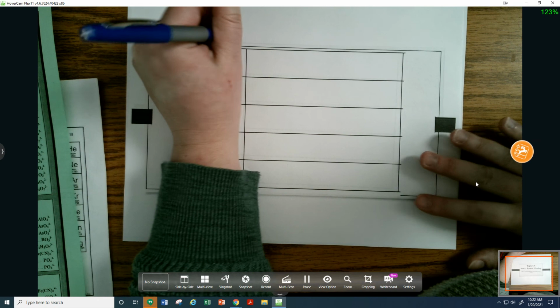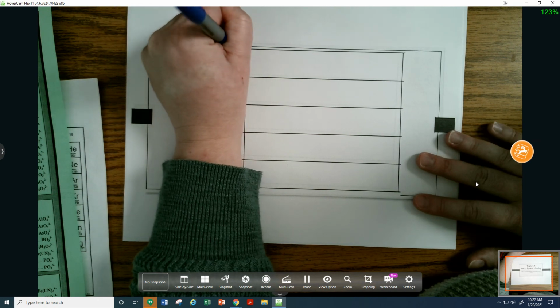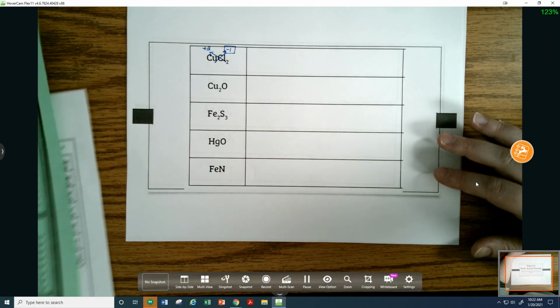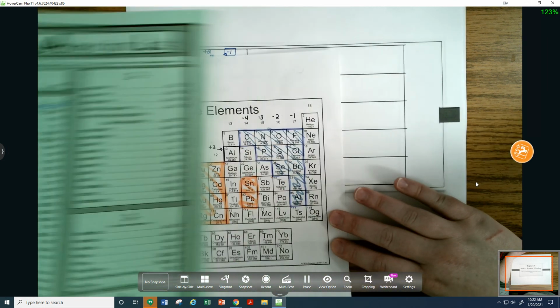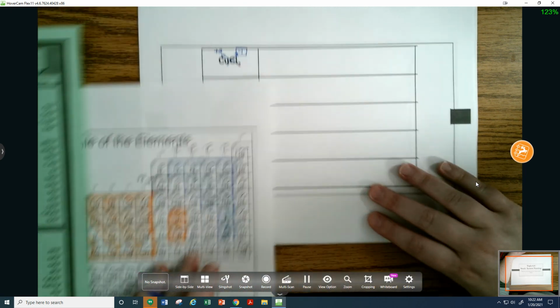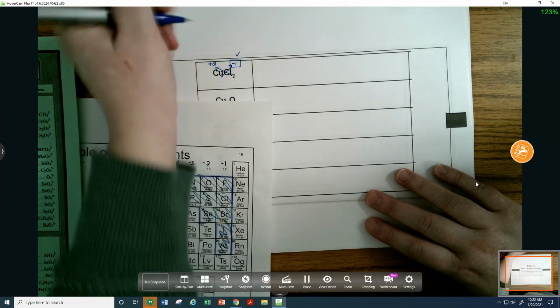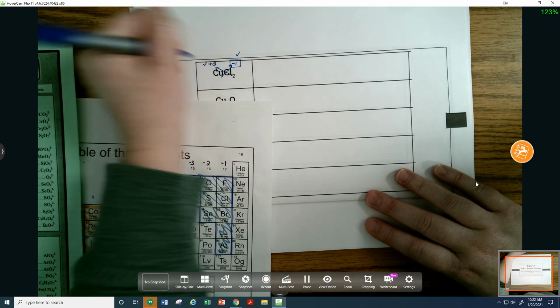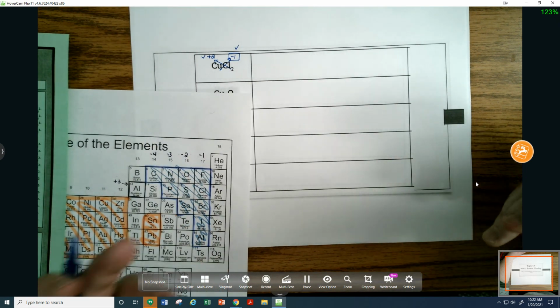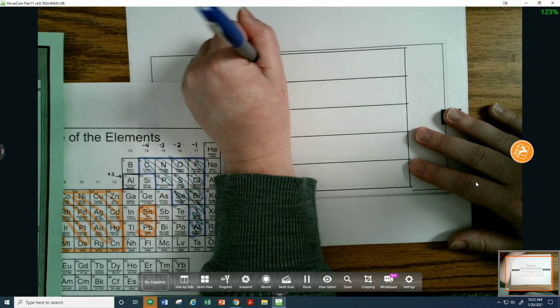So the next step is you always, always, always check your negative. Because chlorine is off the periodic table, we just have to verify that chlorine is a -1, which is true. So that means this charge here is correct. Now we're ready to name it. Like before, we have copper, that's Cu.